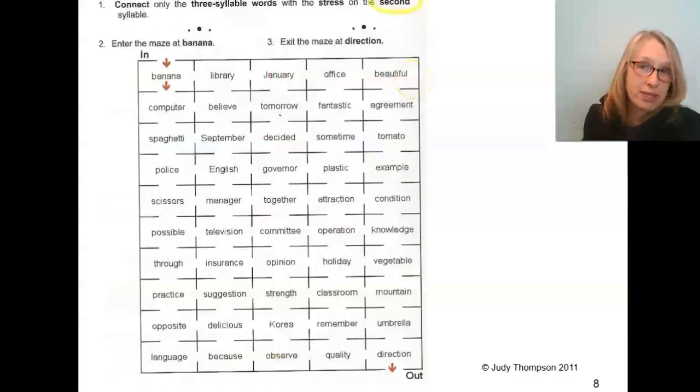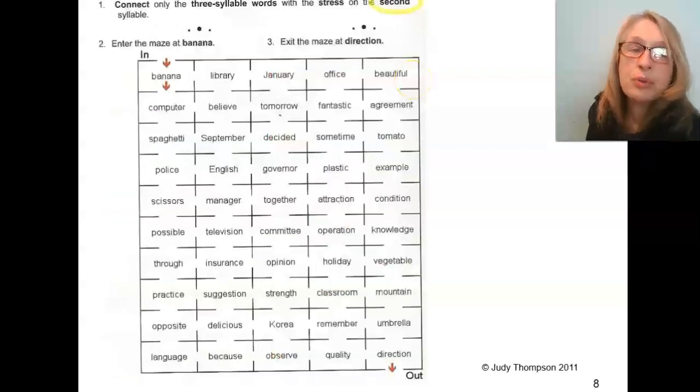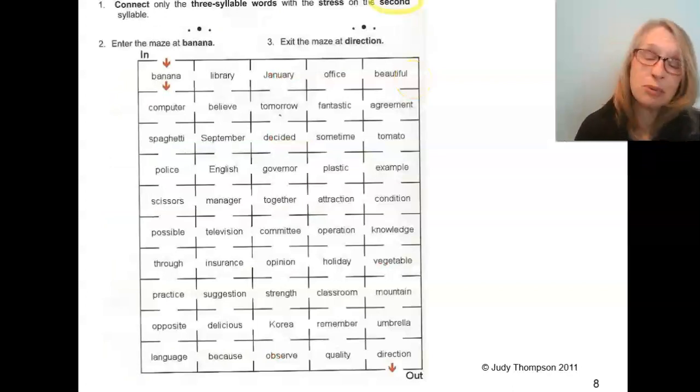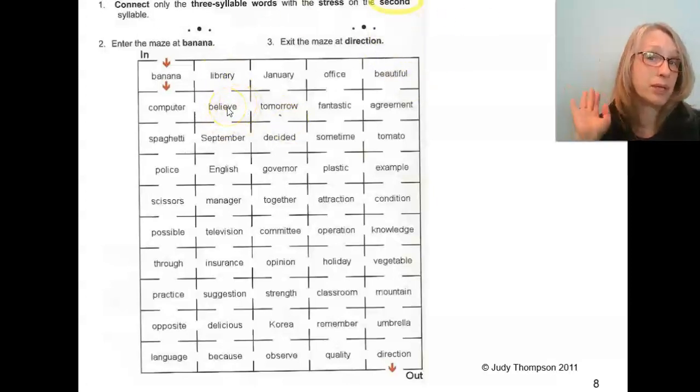These are all 3-syllable words, and we are going to go through the maze. This is also one of your assignments, one of your recordings for this week. We're going to go through the maze and look for all the words that are 3 syllables. So if it's a 2-syllable word, we discount it, we forget it, don't worry about it.